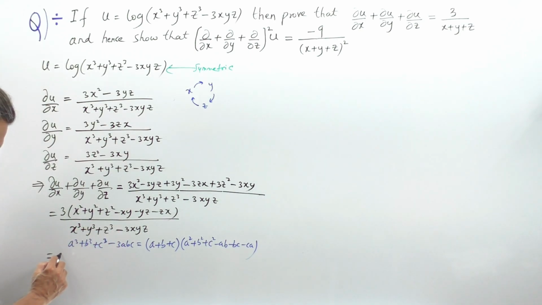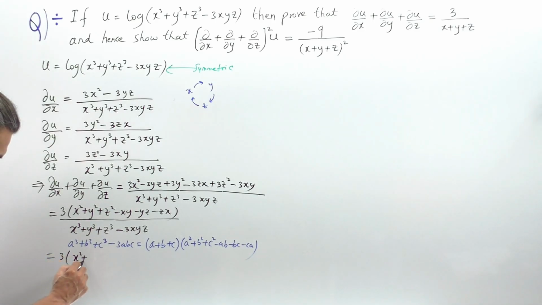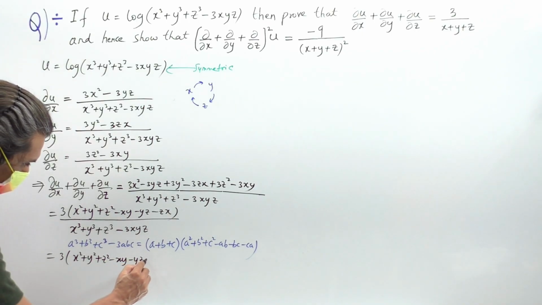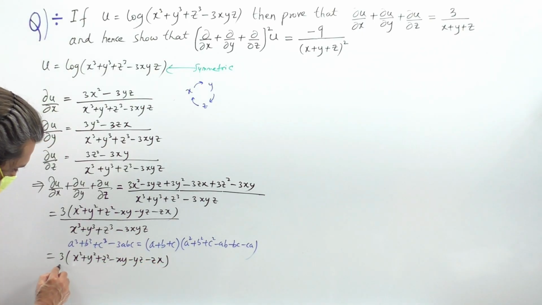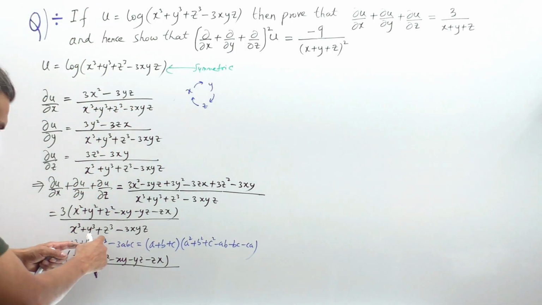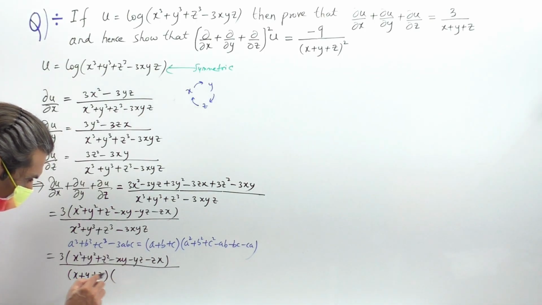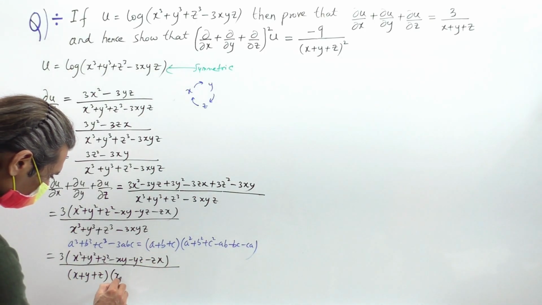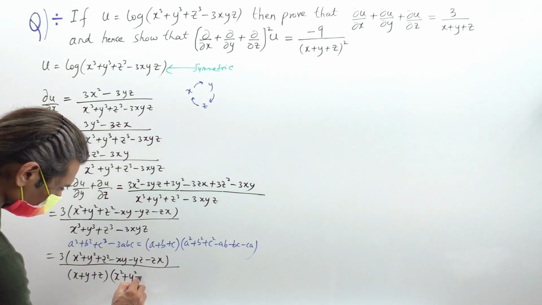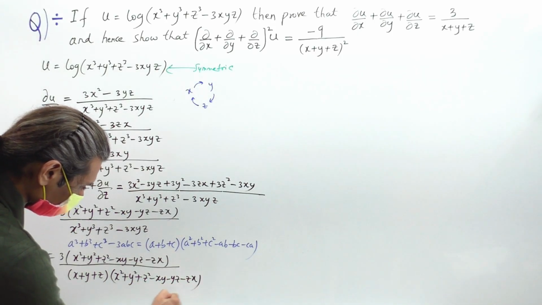We can write this as 3 into x square plus y square plus z square minus xy minus yz minus zx as it is, whole divided by, now this whole thing I can write as x plus y plus z into x square plus y square plus z square minus xy minus yz minus zx.